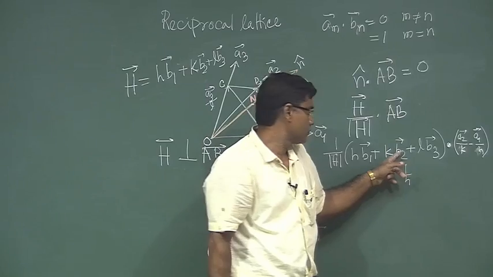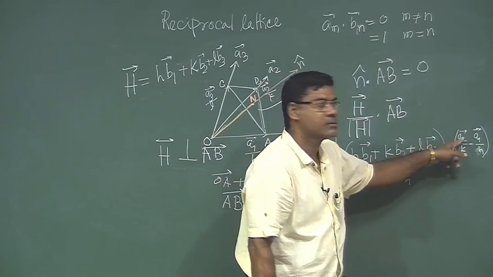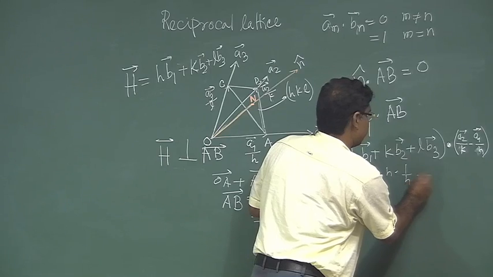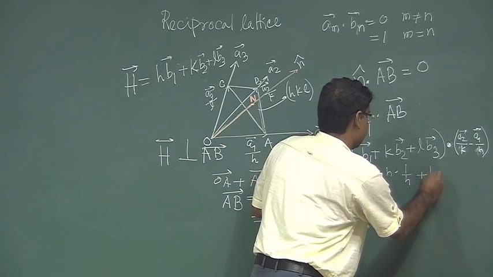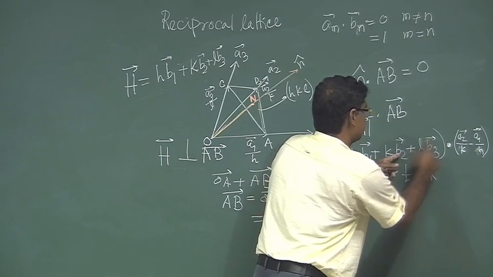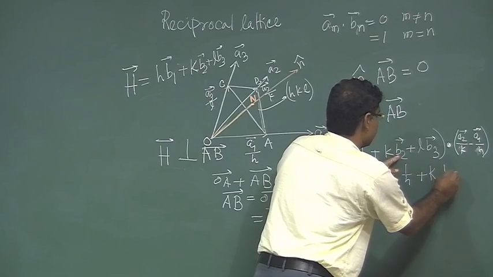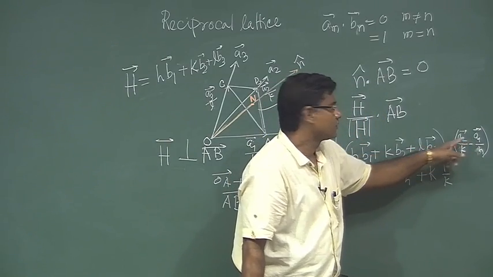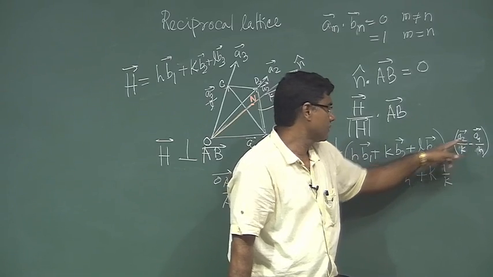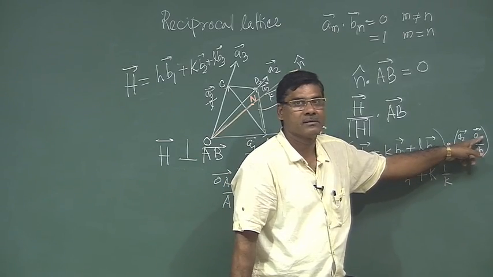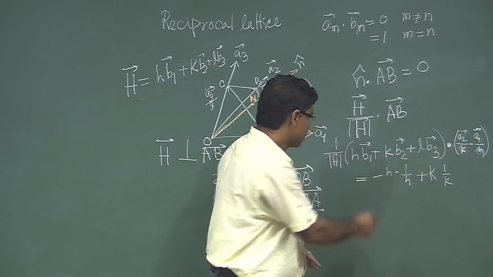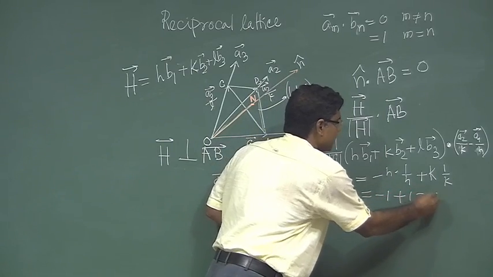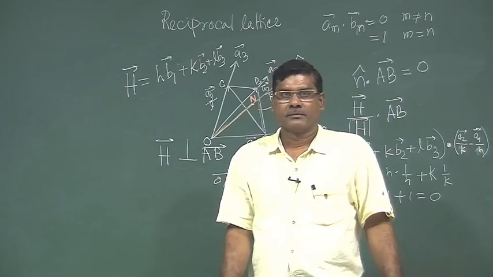Then B2 dot A2 is 1. So, I will get plus K dot, it is 1 by K, right, and there is B3 dot A2 is 0, B3 dot A1 is 0, right. So, here you are getting minus 1 plus 1 equal to 0, okay.